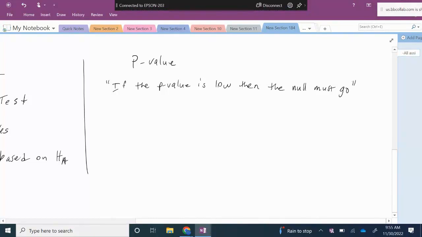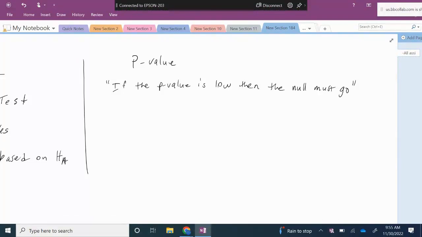Okay. So in other words, that means if you have a low p-value, then you're going to reject the null hypothesis. Now, when you're given an interpretation of the test results, you never, ever accept the null hypothesis.